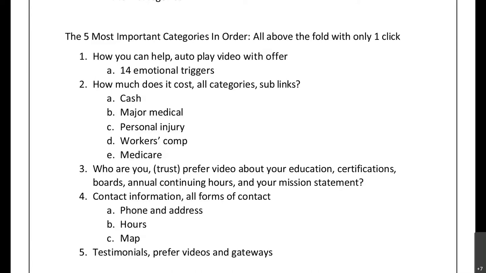Now, the other thing you want to be careful of is you do not want the videos that you embed in your site to be YouTube videos. The reason is you won't be able to control autoplay unless you use a special code, which makes it much more difficult. And at the end of the YouTube video embedded in your site, it'll just list all kinds of other videos of everybody else except you.